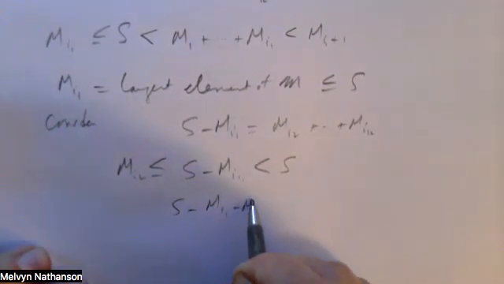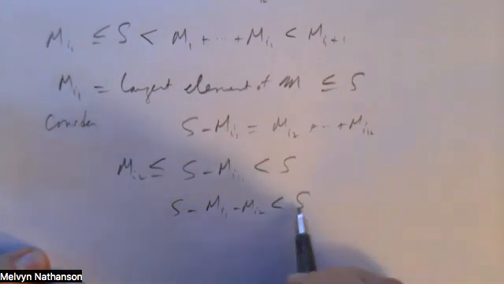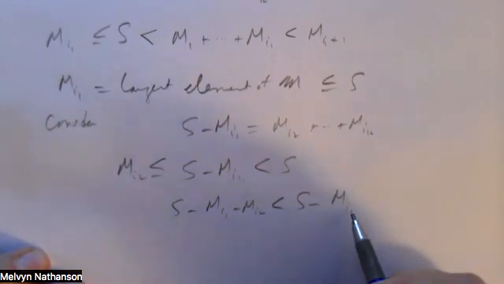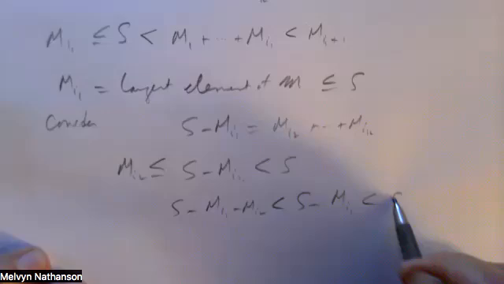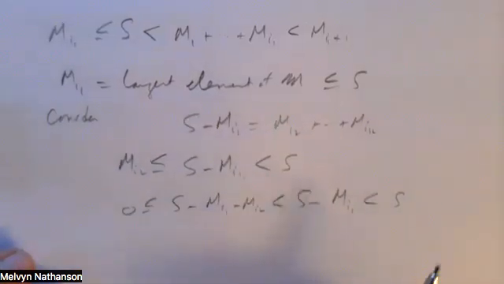And S minus M sub I sub 1 is strictly less than S. And if I look at S minus M sub I1 minus M sub I2, that's less than S minus M sub I1, which is less than S, and greater than or equal to 0.